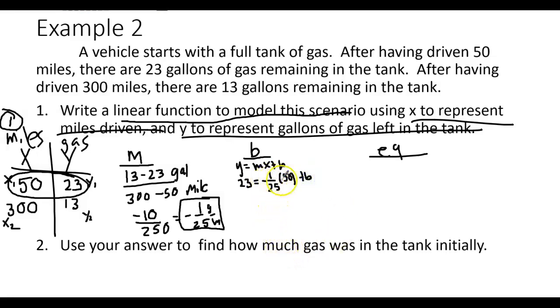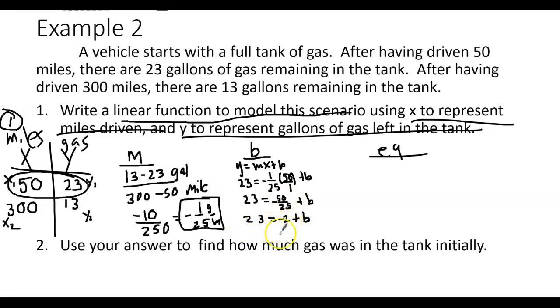So if I multiply 50 over 1 times negative 1 over 25, we end up with 50 over 25, and it's negative, of course. And luckily that divides nicely. So we have 50 divided by 25 is 2. That's a negative 2 because there is a negative in the front.